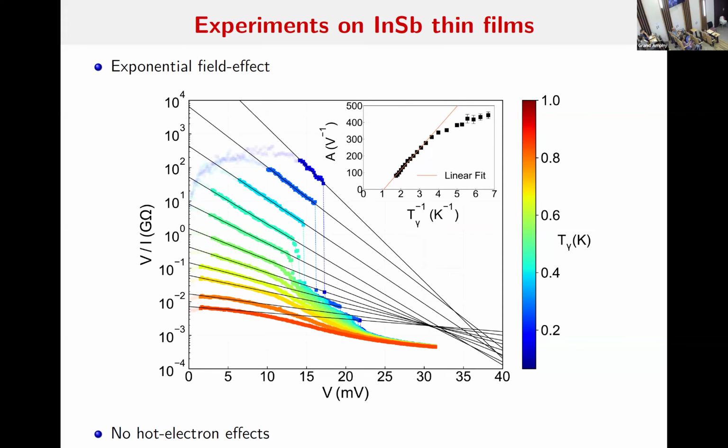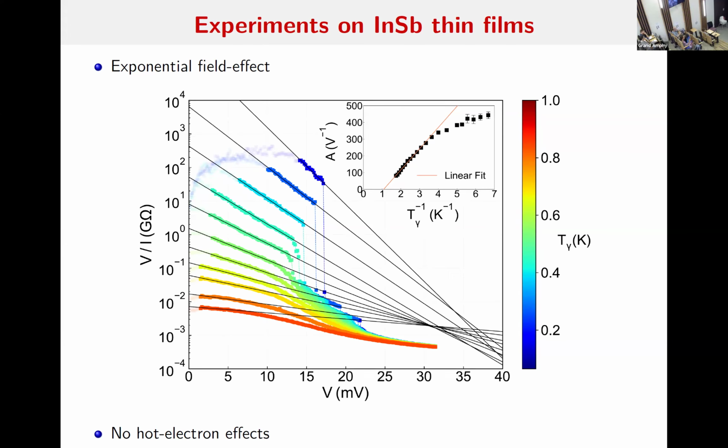Maybe these points indicate that there are small hot electron effects, but they are very small and they are not responsible for the transition, because right up to the transition you have a very, very good straight line. So it's clear that there are other indications. I will show you one of them: the hot electron model is not the driving mechanism for this huge transition.